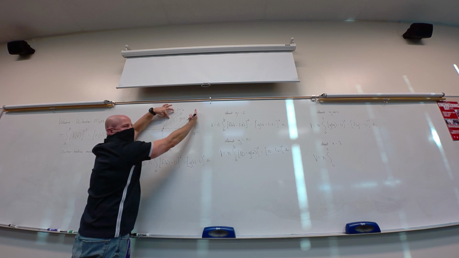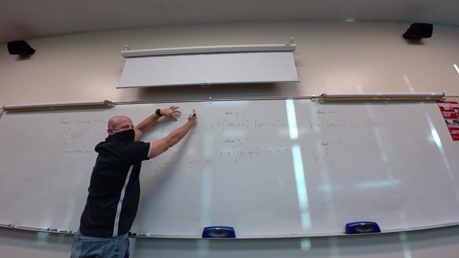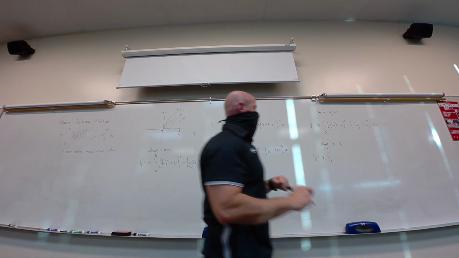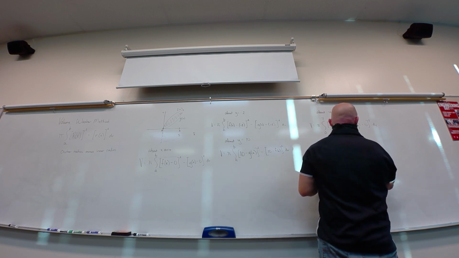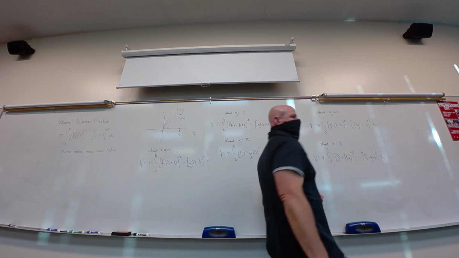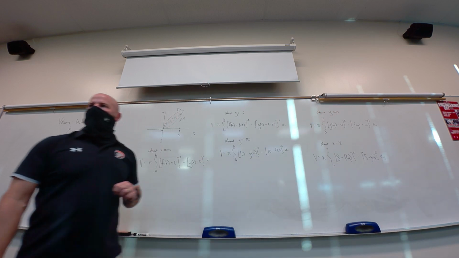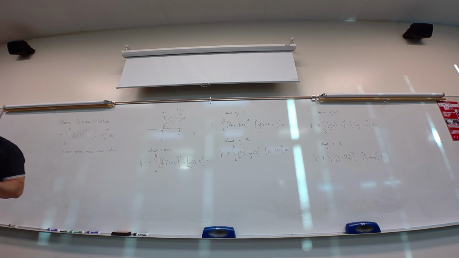That's furthest away. There's the outer radius. Shorter distance, there's my inner radius, 8 minus g. So this is my setup. 8 minus f of y, minus 8 minus g of y. Okay there?